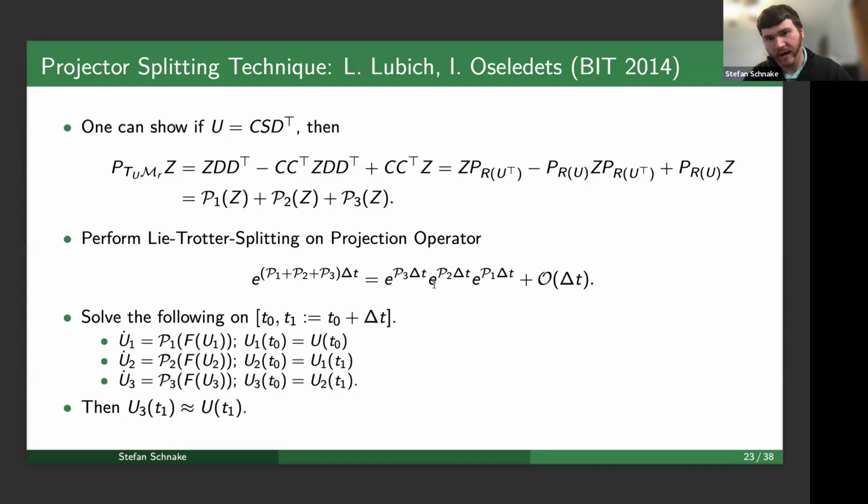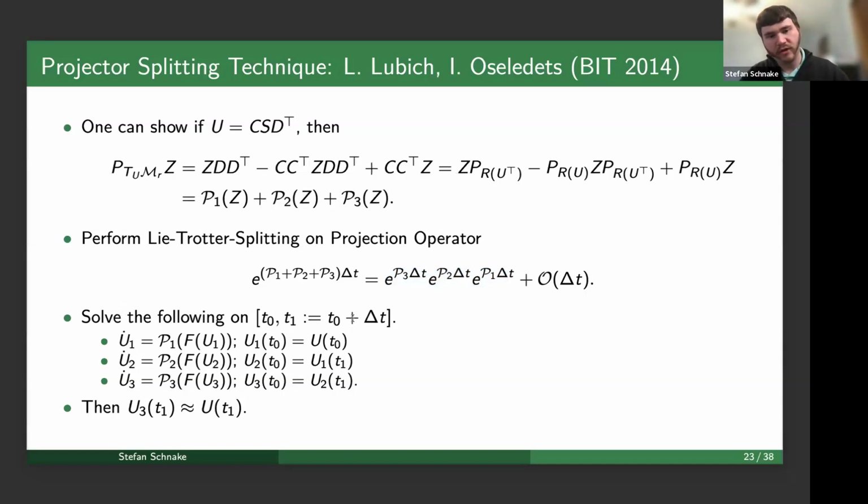I can just do that, but I'm going to incur some error, and that error is of the order of the time step. So this will be essentially a first order method regardless. I essentially want to have my tangent projection operator, the sum of three operators, and I'm going to apply them each sequentially, instead of trying to do it all at the same time.